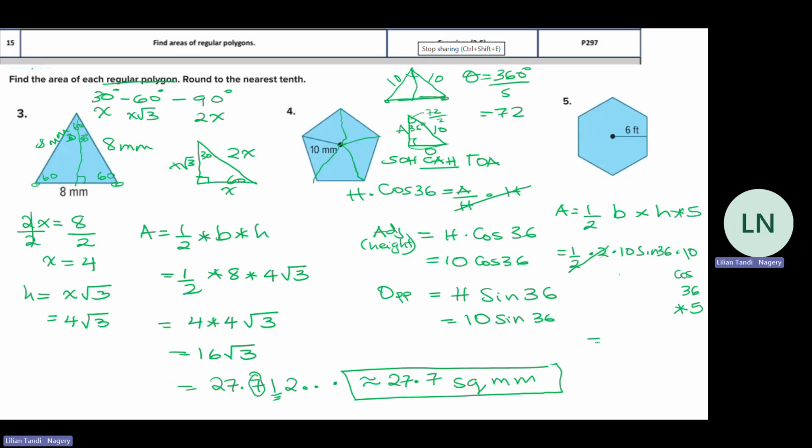So your answer should be 237. Are we rounding to the nearest tenth? 237.64. Circle the 7, underline the 6, add 1. Your answer is 237.8, and your unit is square millimeters. And you box your answer.